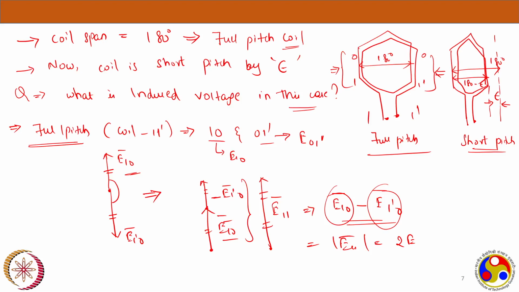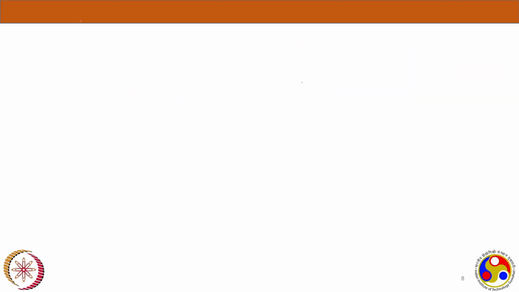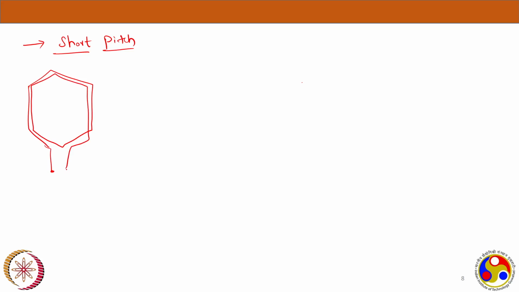Okay, now I am short pitching it. Now this one is 180 minus epsilon. I told you epsilon is the short pitch angle, and this is 1 dash. Now the phasors will not be 180 degrees apart, but 180 minus epsilon apart.